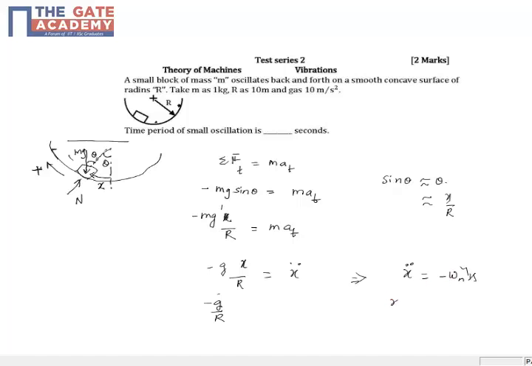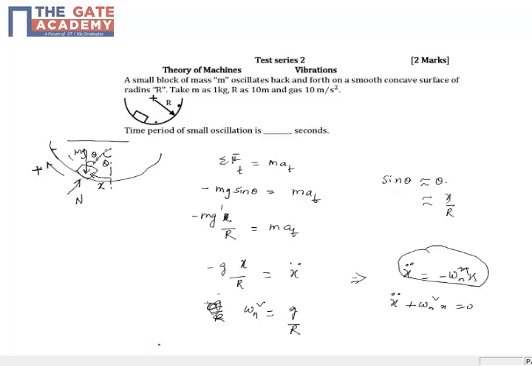The acceleration is proportional to the displacement, and that constant is omega n square. The negative sign is because the acceleration is in the reverse direction of x. This is in the format of the simple harmonic equation, and from this comparison we get omega n square as g by r.